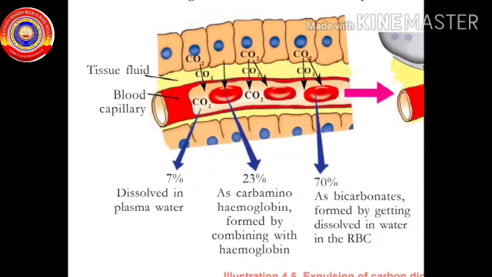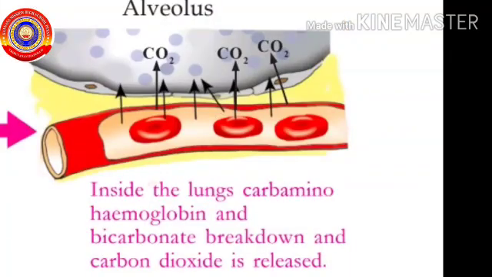The carbon dioxide combines with RBC, 70%, and gives rise to bicarbonate. The carbaminohemoglobin and the bicarbonate change back to carbon dioxide in the lungs, and this carbon dioxide is eliminated through the nostrils.